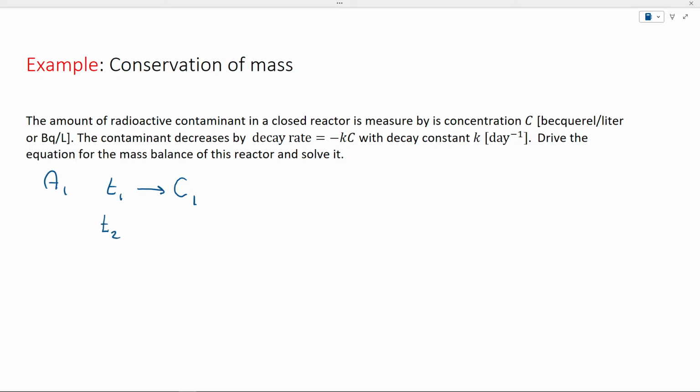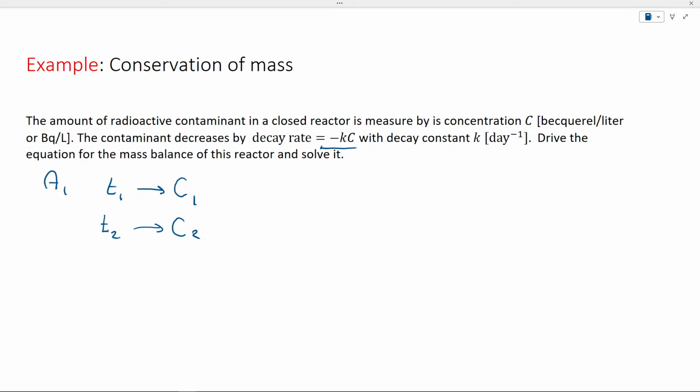At the second time, because the concentration is decaying using this rate, we will have a different concentration, C2.